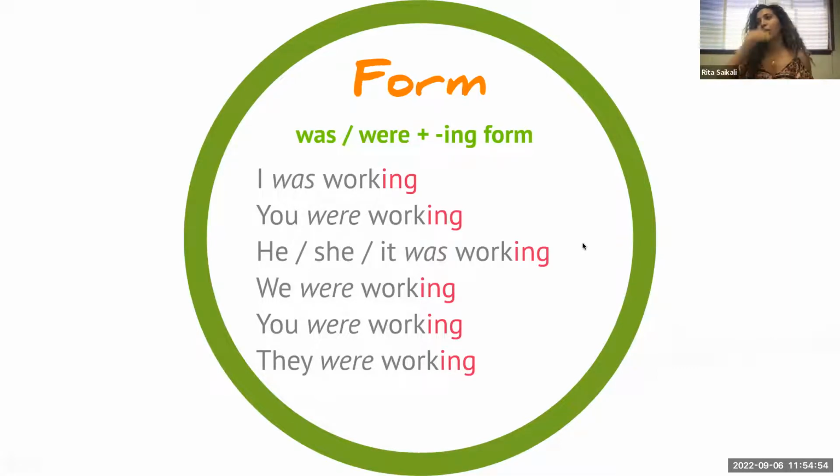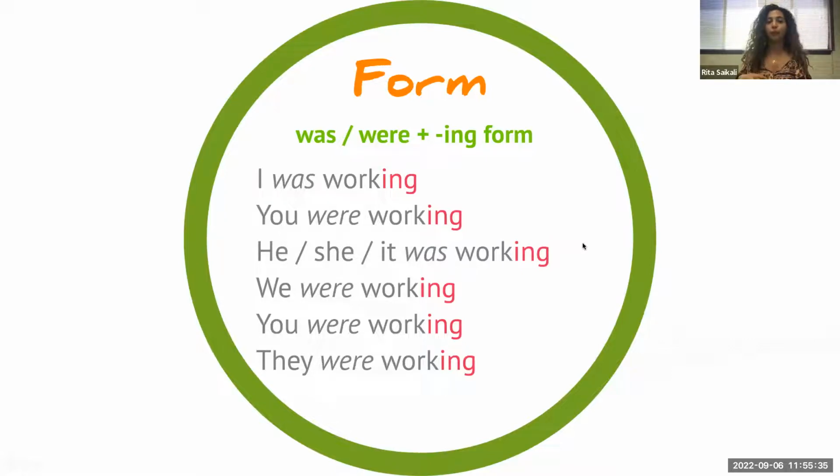All right. So now we are at past continuous. So we know that the simple past, we use it for an action that happened in the past. It's over, it's done, right? At a certain time. Past continuous is almost identical to present continuous, except the verb to be is in the past. So I was, you were, he was, she was, it was, we were, you were, and they were.